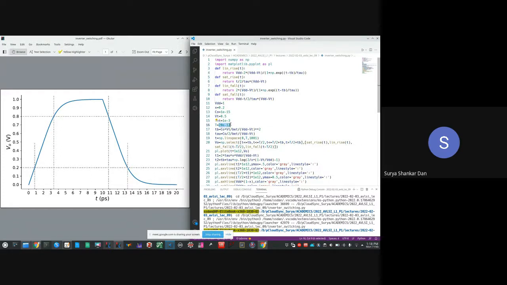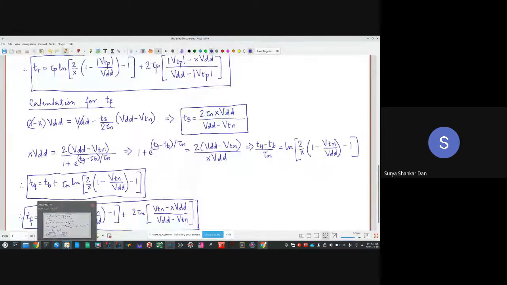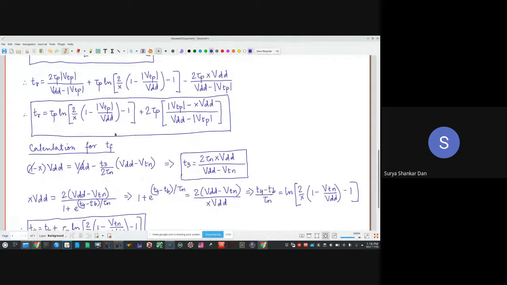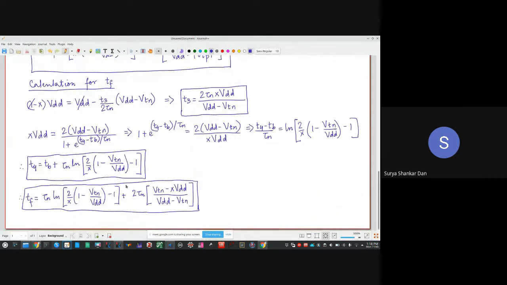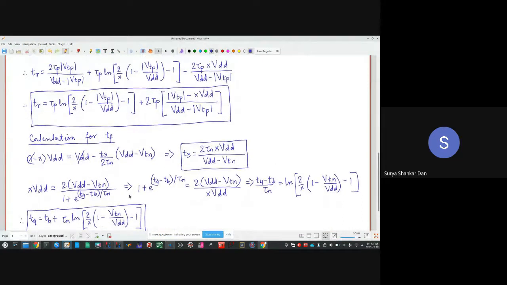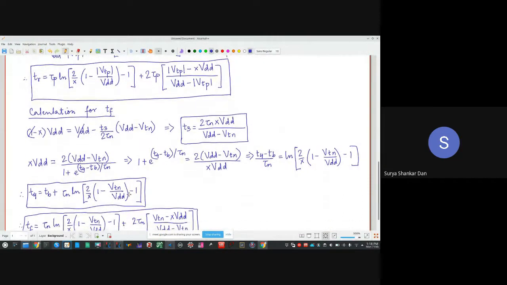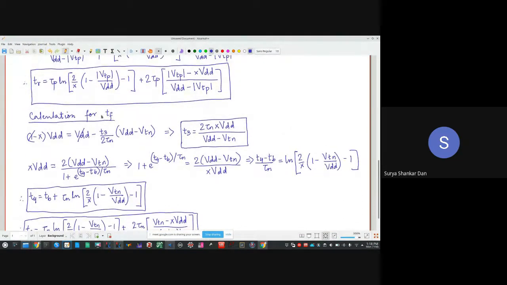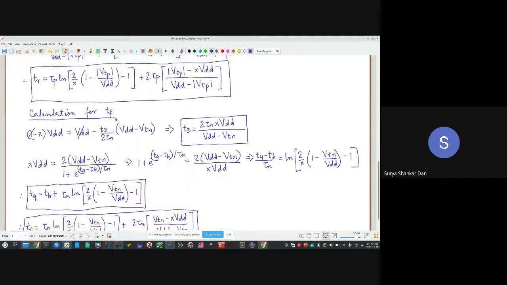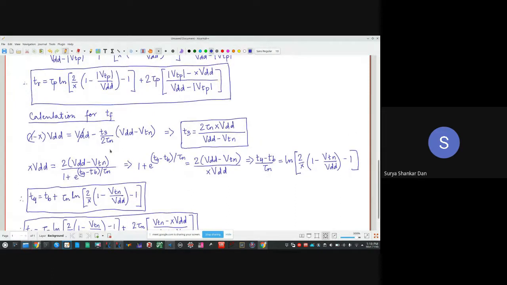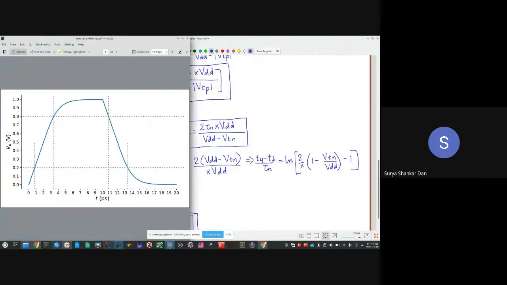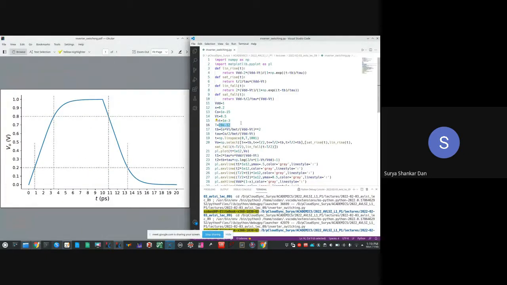My approach is, we have developed certain equations here, that is the TR, this is the TF. Now I'm just trying to calculate the different values of TR and TF, and I shall plot it and figure it out from the various plots. What are the standard values I chose?